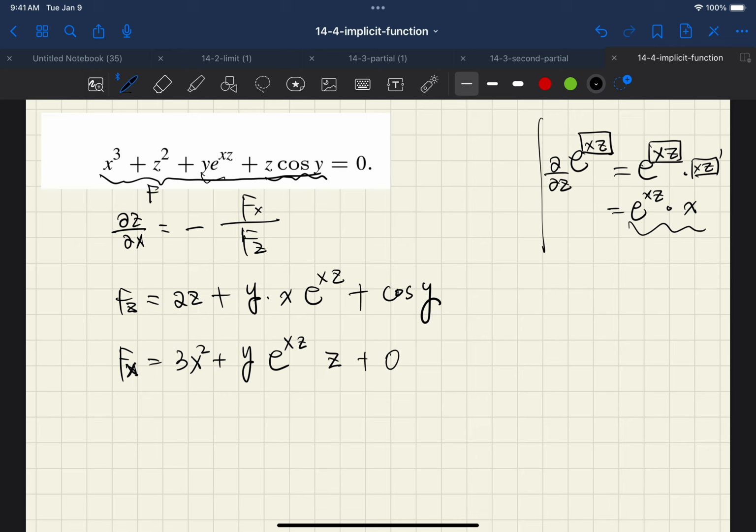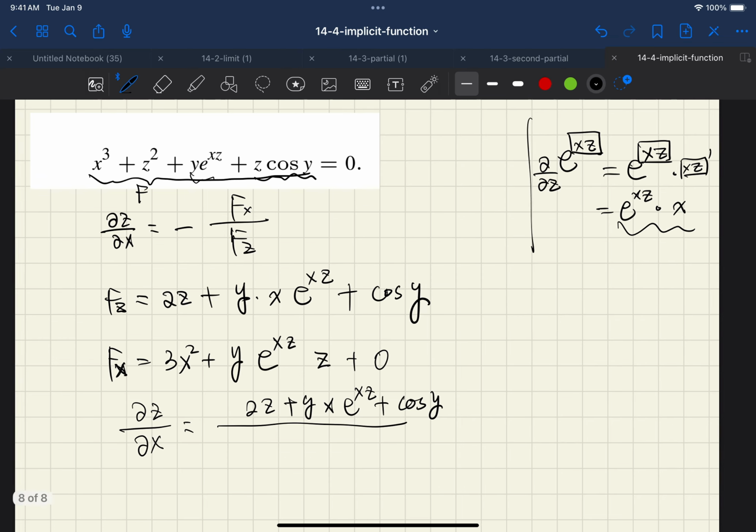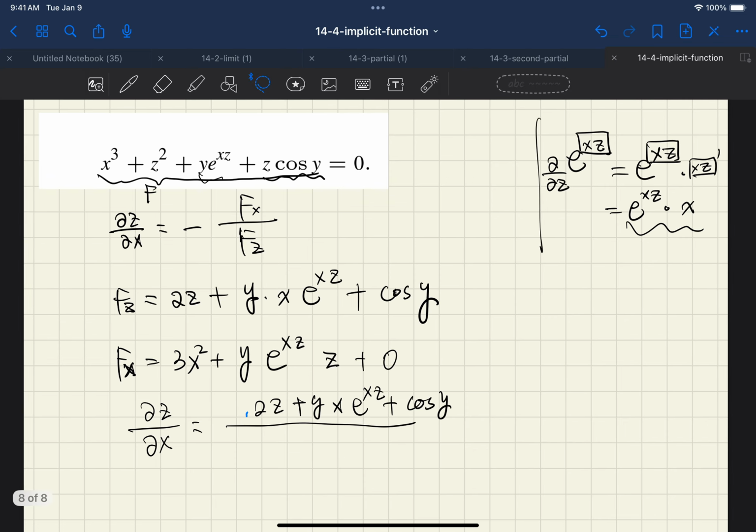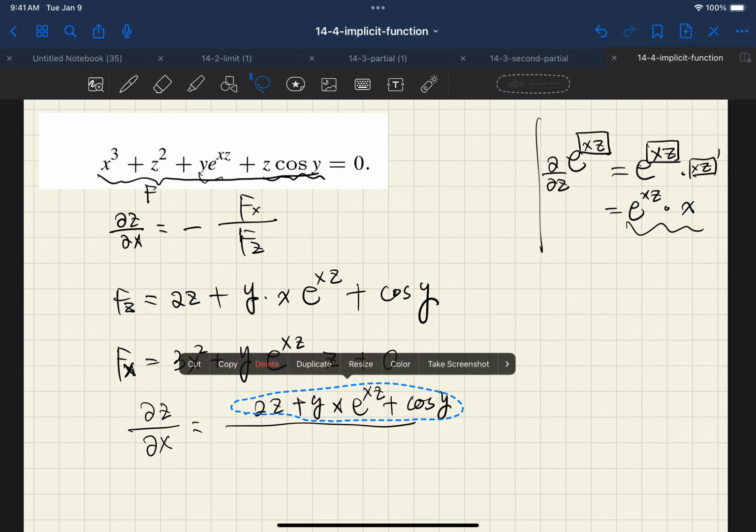Now, if we look at partial z partial x, this is negative, with 2z plus yx e to the xz plus cosine y in the denominator, and 3x squared plus y e to the xz times z plus 0 in the numerator.